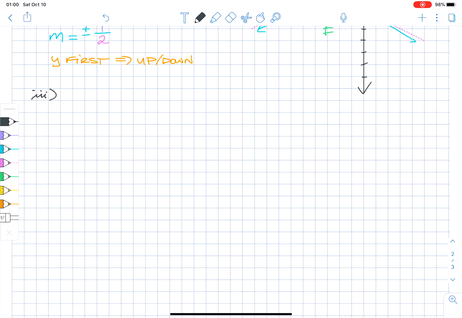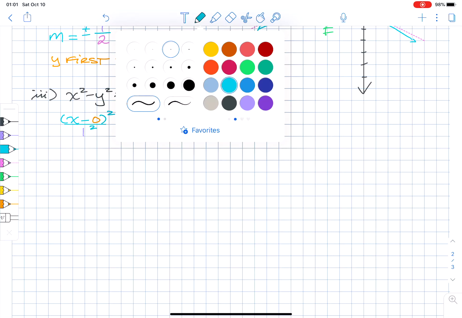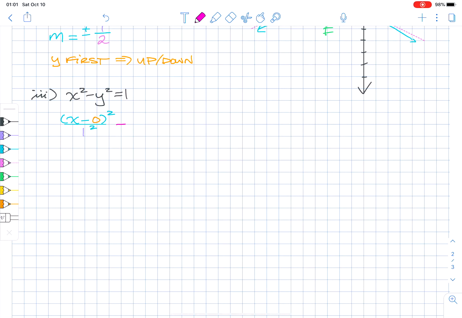Let's say we have x squared minus y squared is equal to 1. So I claim that this is x minus 0 quantity squared divided by 1 squared, from which we're subtracting y minus 0 quantity squared divided by 1 squared.